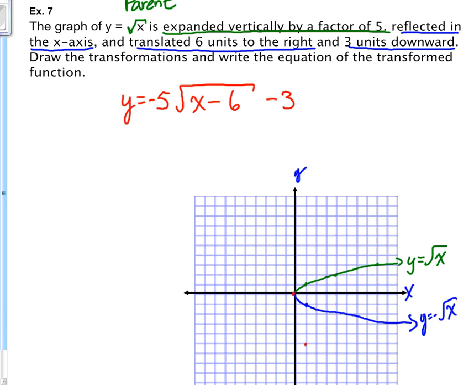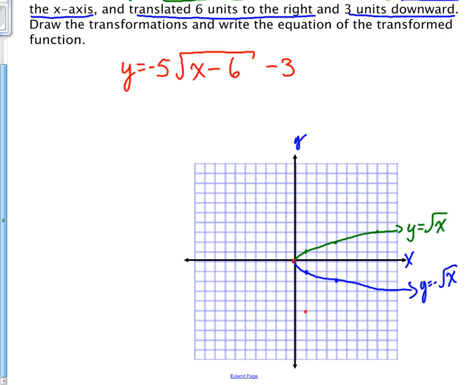I'm going to do the second one as well. Originally, for the blue one, I would go over 4, down 2. I'm going to go over 4, down 10. So the shape will be the same, it's just much steeper. I have vertically pulled that thing downwards in this particular case.